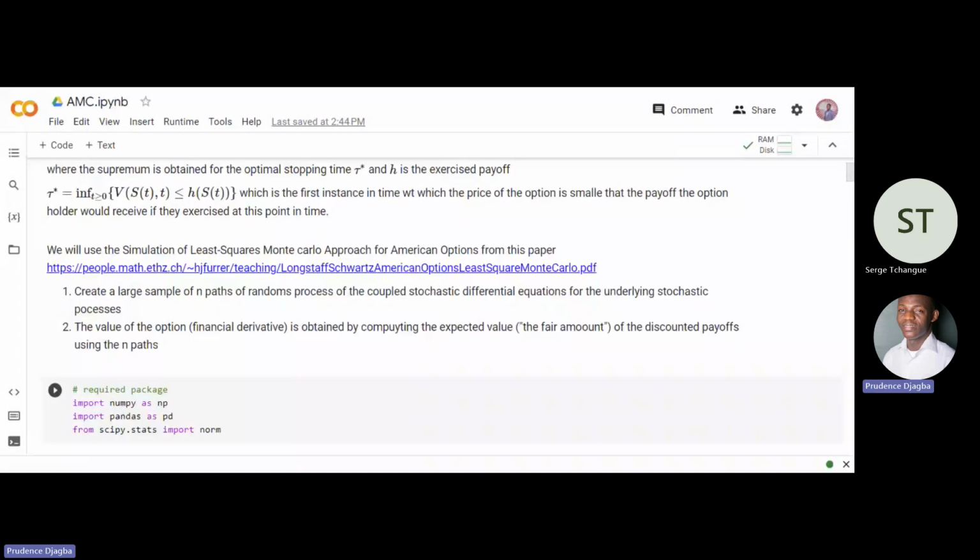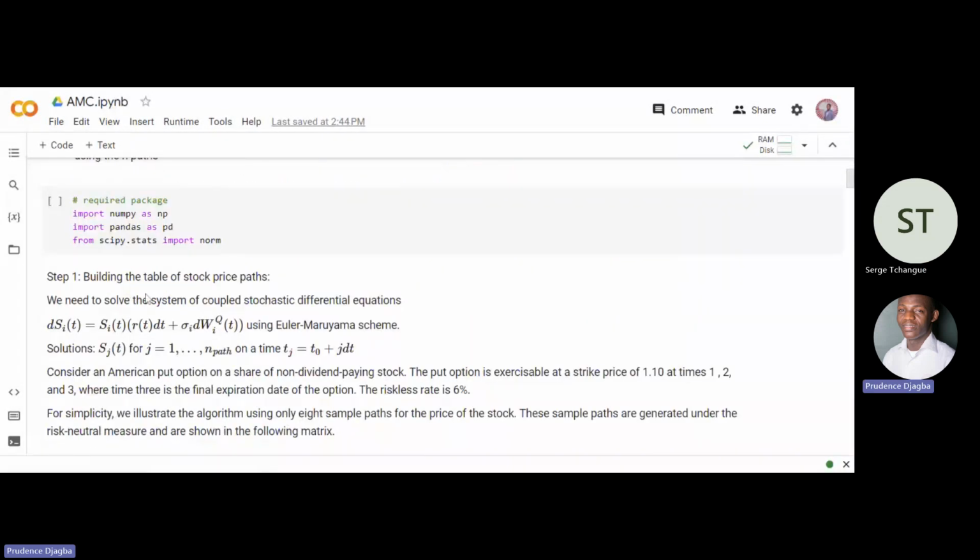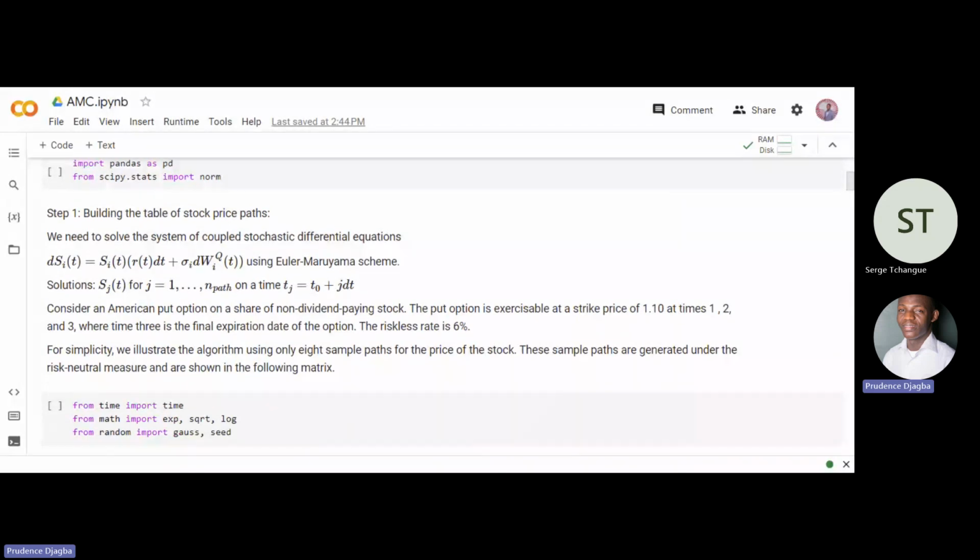So first, if we want to use the Monte Carlo simulation, we need to generate some paths by solving this stochastic differential equation, which is there, using the Euler-Maruyama scheme.